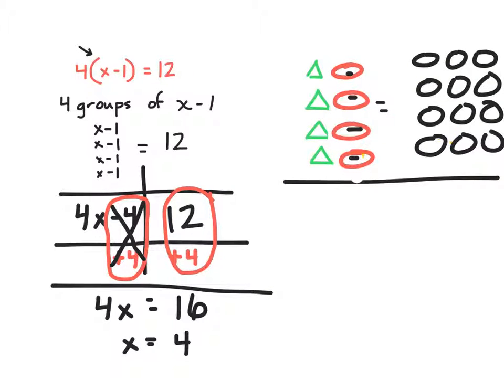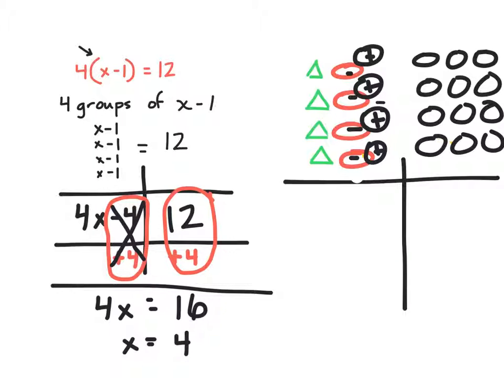As a picture, I could think of 4 green pouches and 4 negative coins on the left side, and then 12 positive coins on the right side. If I want to get rid of those 4 negative coins, I'm going to add 4 positive coins, because remember, 4 positives and 4 negatives would equal 0.